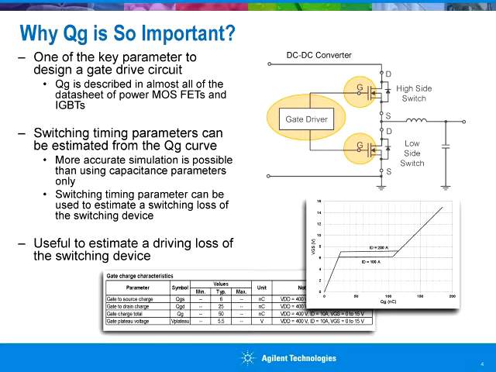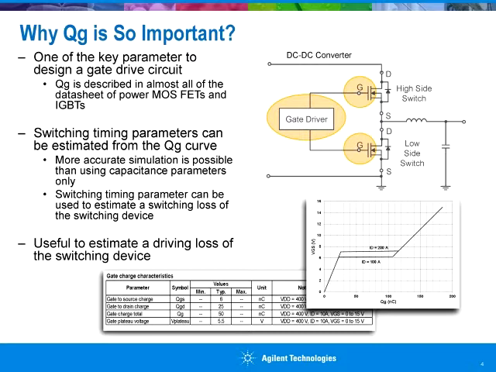of switching circuit. And also, as we told in our previous presentations, it is also useful to estimate switching loss and the driving loss of power devices like silicon carbide and gallium nitride.